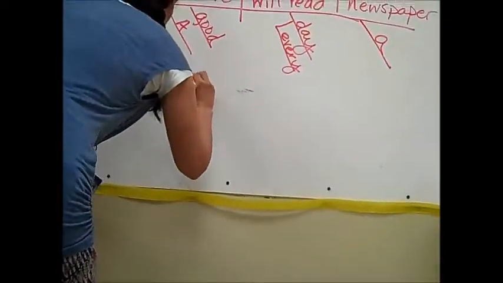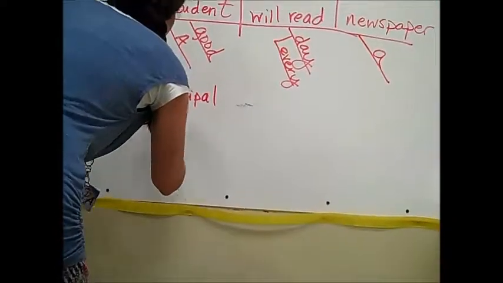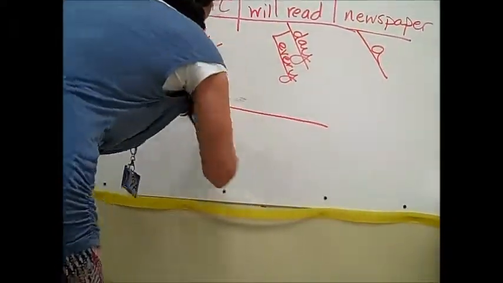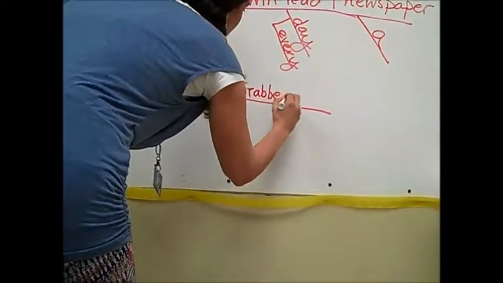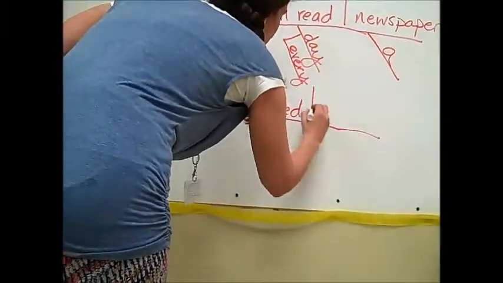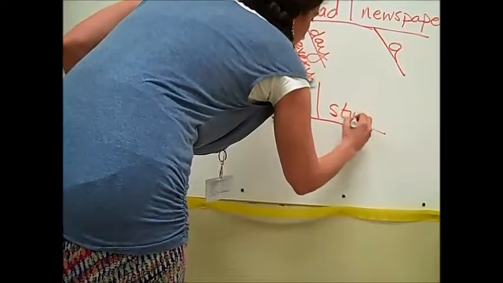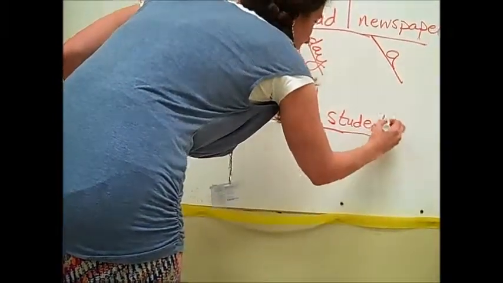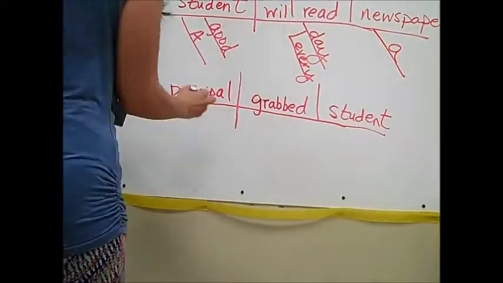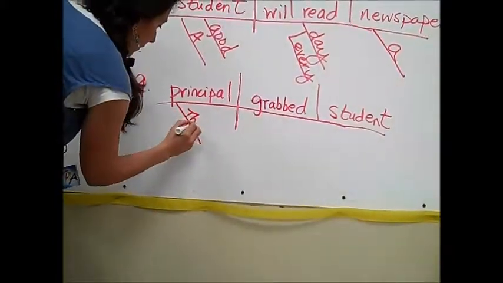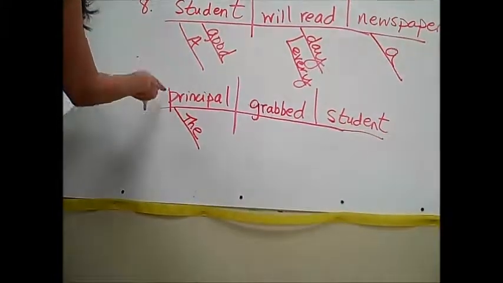The principal grabbed the dizzy student by the arm. Principal, subject. What did the subject do? Grabbed. Who they grabbed? Direct object, student. So the direct object is the thing that is being acted upon. The principal. The is acting as an adjective.